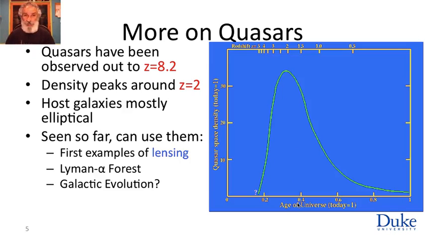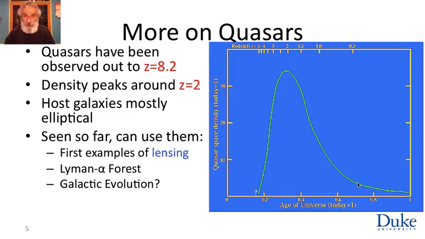Exactly how long ago that is depends on your cosmological model, and we'll discuss that next time. But it looks as though early in the universe quasars were rare, and they are rare today. That's why we rarely see quasars in our cosmological neighborhood. They are mostly distant objects.